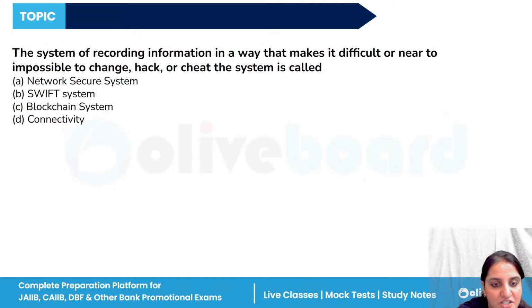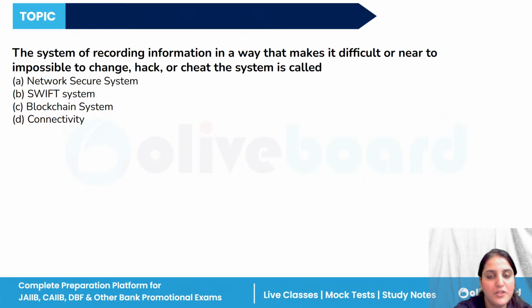And the last question for today. The system for recording information in a way that makes it difficult or near impossible to change, hack, or cheat the system is called the blockchain system.